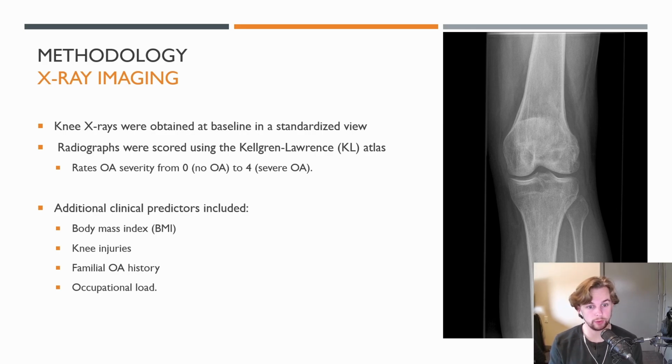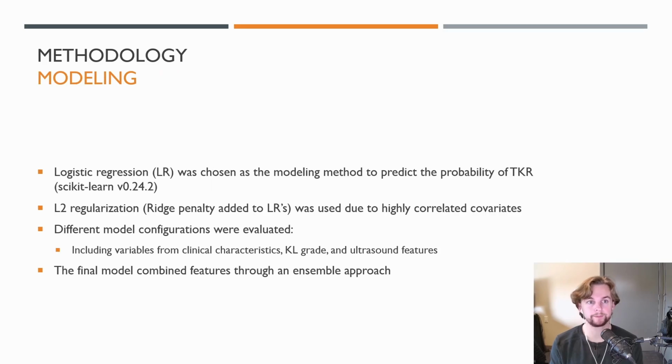Also, in this whole study, we include some clinical predictors, things like body mass index or BMI, knee injury history, familial osteoarthritis history, and also the occupational load. So do they have a job that's very intensive and cumbersome for their knee?